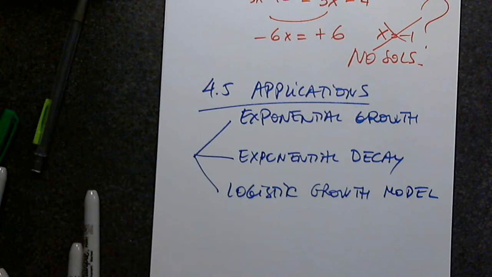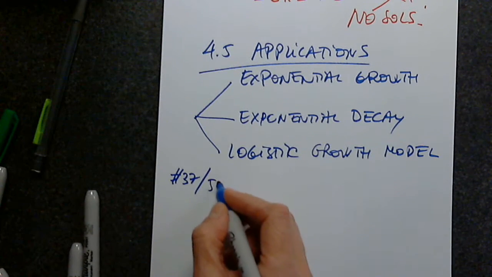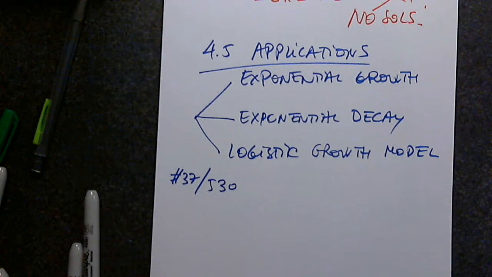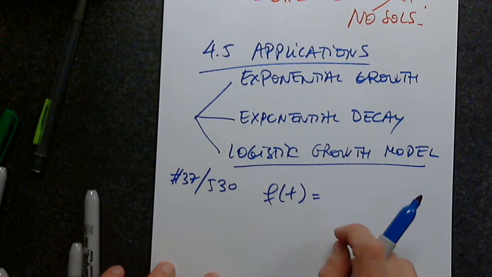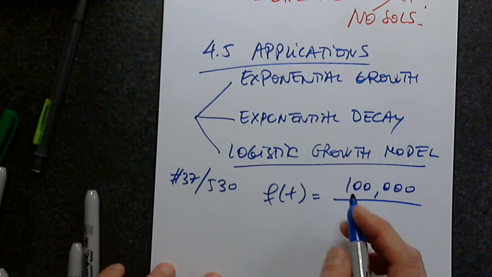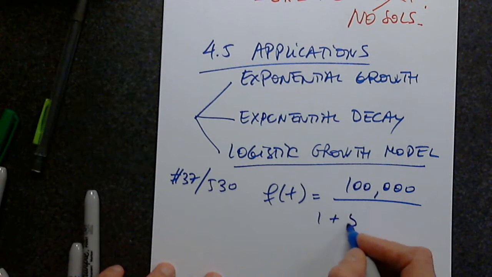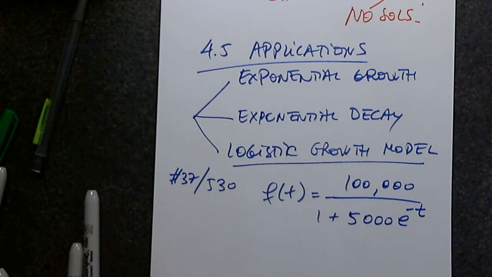And let's take a look at 37 on page 530. I'm going to copy the function. This is typical for logistic growth model. 100,000 divided by 1 plus 5,000 e to negative t. Before we even read the problem, let's look at this function.